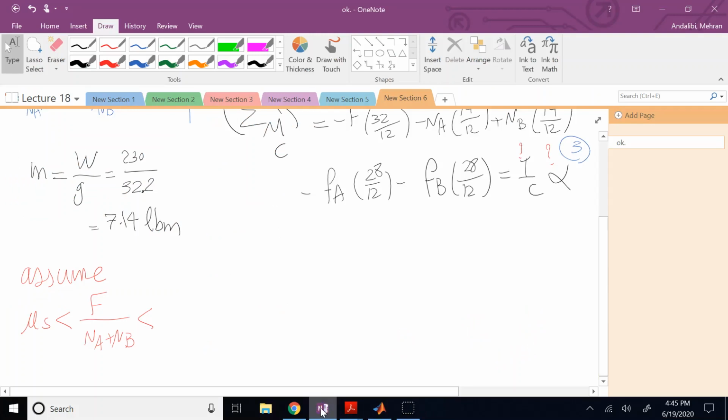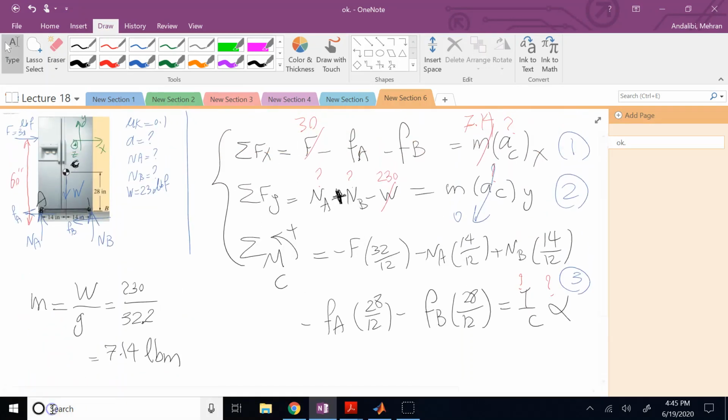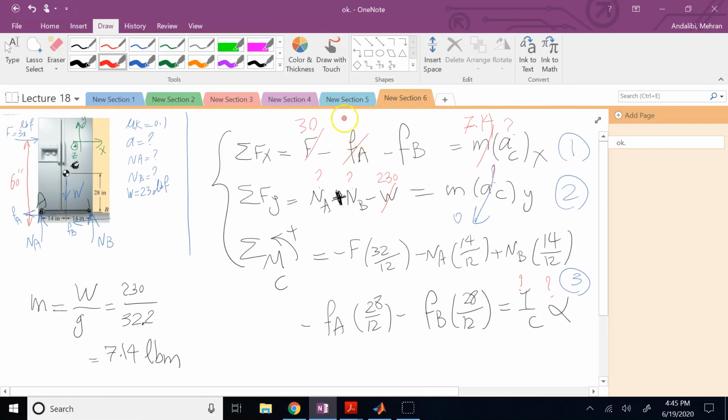So as long as the static coefficient of friction is less than 0.13, then I can say that the system does move. Then my frictions are going to be simply Na times mu k, Nb times mu k, and similarly here. So good, at least the friction terms are known. They are not extra unknowns. They are known. That's good.